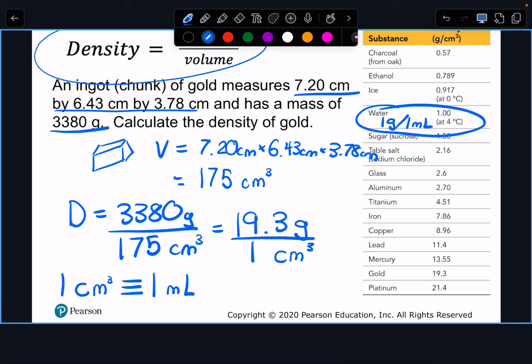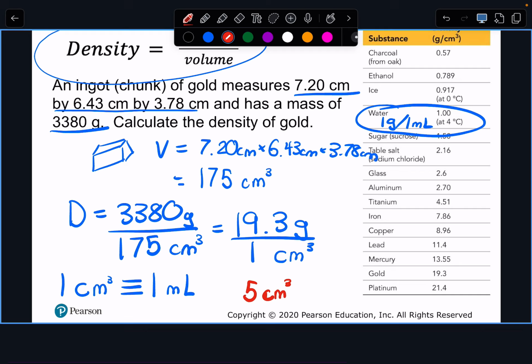Gold, on the other hand, if you had a teaspoon worth of gold, would weigh almost 100 grams. Now, how did I do that in my head? A teaspoon is 5 milliliters or 5 centimeters cubed. Those are the same thing. And I was trying to get an idea of how much that would weigh. It's pretty easy. If water is 1 gram per mil, then I know 5 mils is about 5 grams, right?